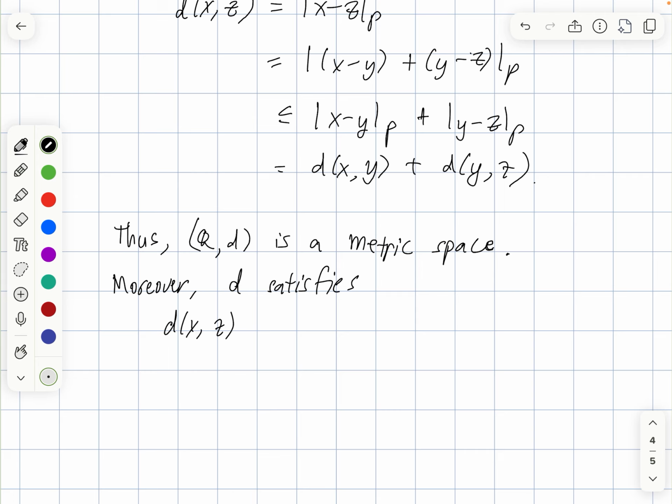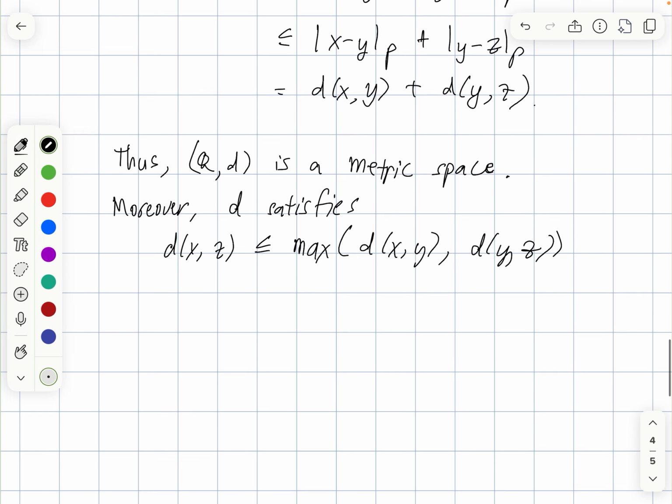So this shows that the distance between X and Z is less than or equal to the maximum of the distance between X and Y and the distance between Y and Z. So this inequality is sometimes called the ultrametric inequality.